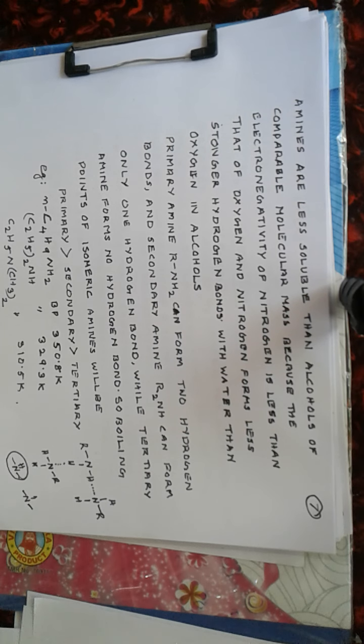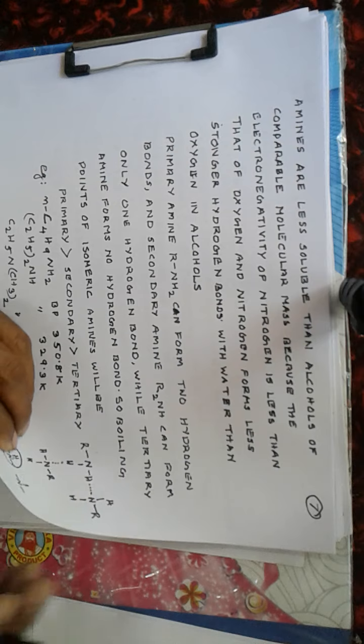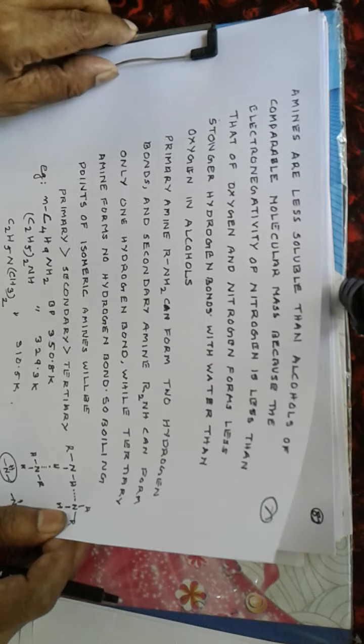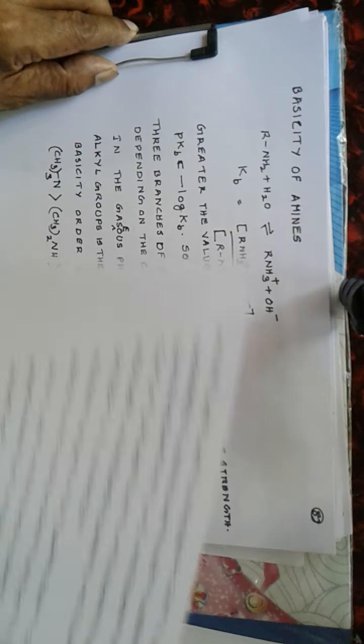So association is greater for primary amine, and then comes secondary amine, and least for tertiary amine, so that n-butylamine has a boiling point of 350.8 Kelvin. Diethylamine, a secondary amine, has a lower boiling point of 329.3 Kelvin. And when we consider a tertiary amine of comparable molecular mass, its boiling point is less, 310.5 Kelvin. So association due to hydrogen bonding among amines is largest in the case of primary amines.